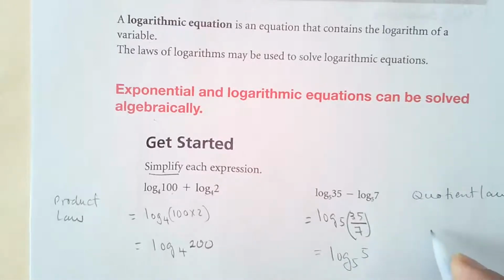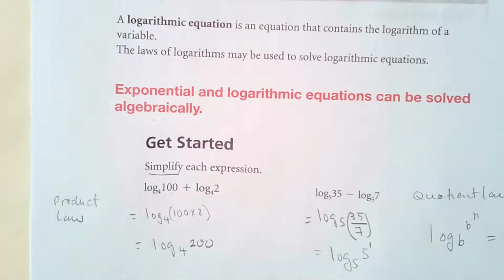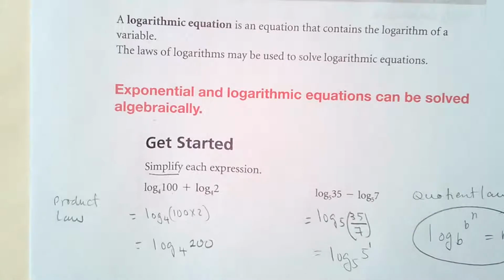Now remember one of the log definitions, log base b of b to the n is equal to n. Now, there's a power of 1 there. So if we use this definition, we'll end up with log base 5 of 5 to the 1 is equal to 1.